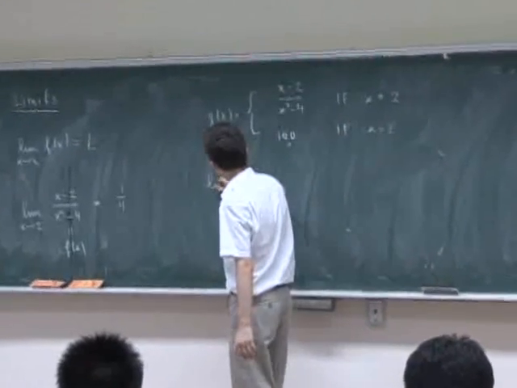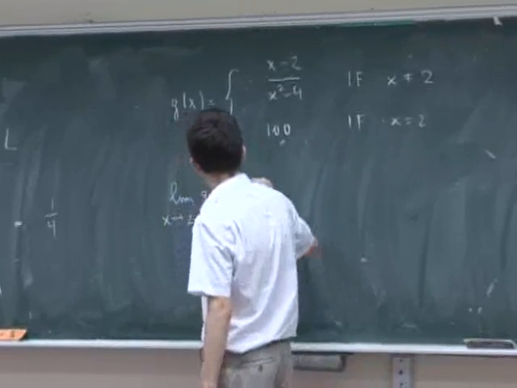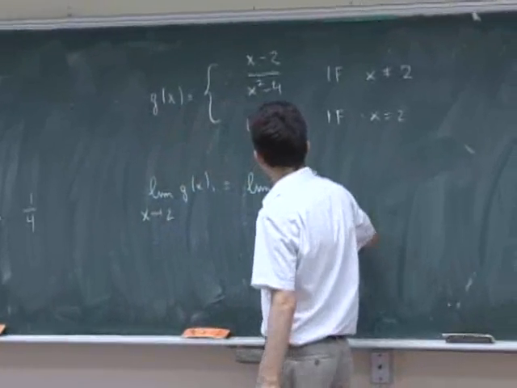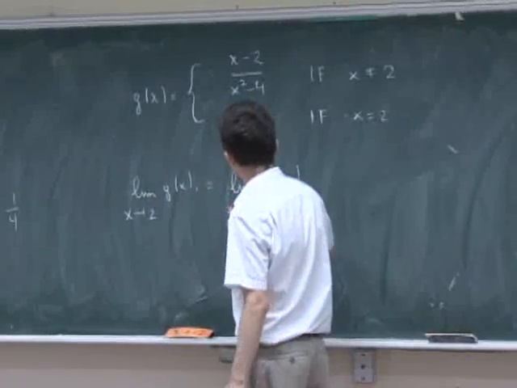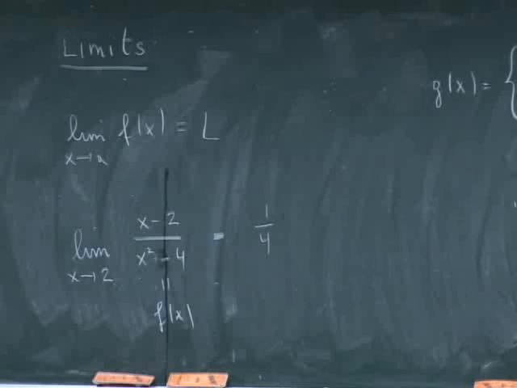So the limit of g of x as x tends to 2 will be the same as the limit of f of x as x approaches 2, even though the two functions are different at one point. But this point does not matter for the limit definition because we stay away from a.